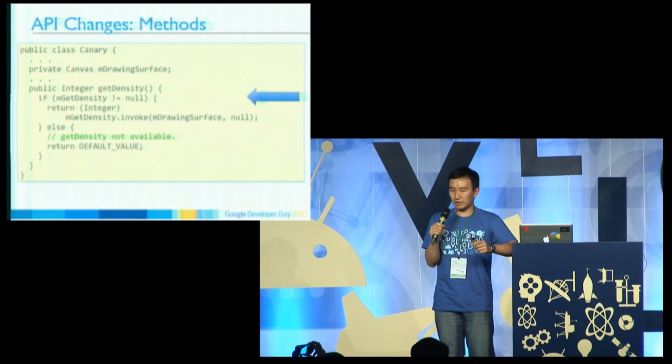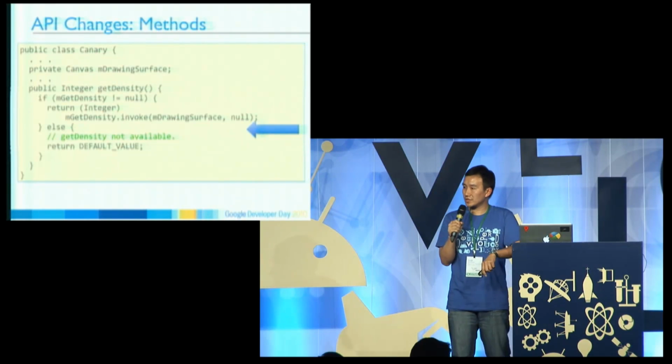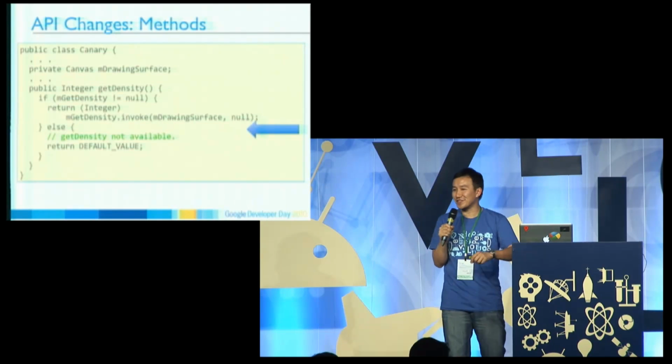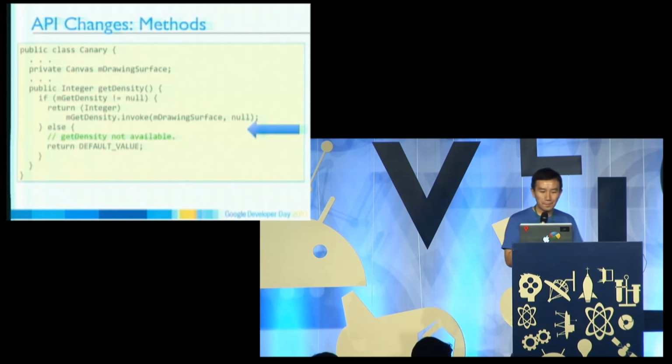If it's found, then invoke it. If it's not found, in the else clause, you might want to do something different, by having, in this particular instance, a default variable or something so that your application won't crash, which is a great thing for users from a user experience standpoint.